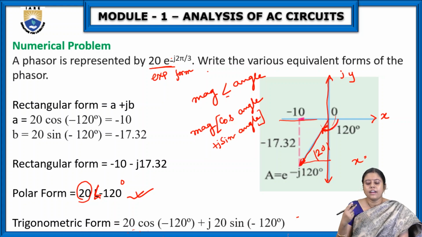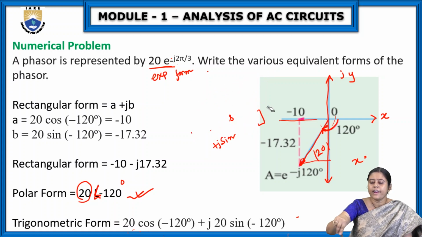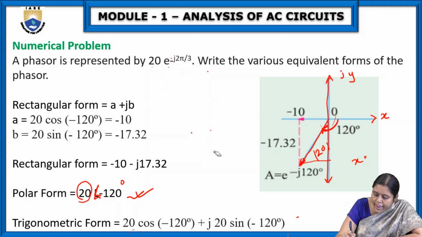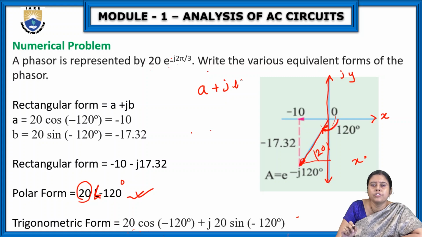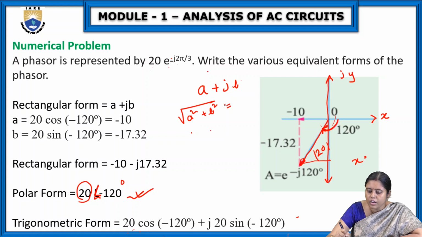Next we are going for the rectangular form. So how to get the rectangular form? The rectangular form means A plus jB. Now we have to remember how we get the polar form: root of A square plus B square is equal to 20. Correct?